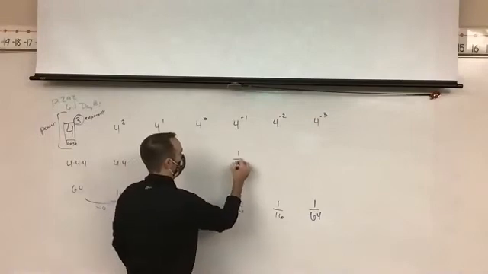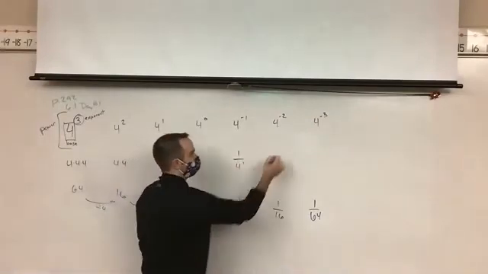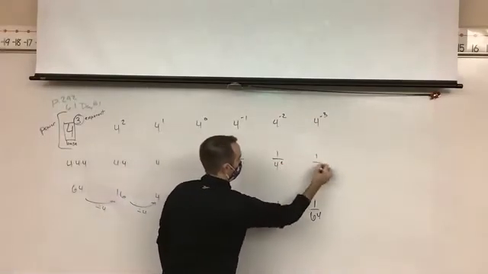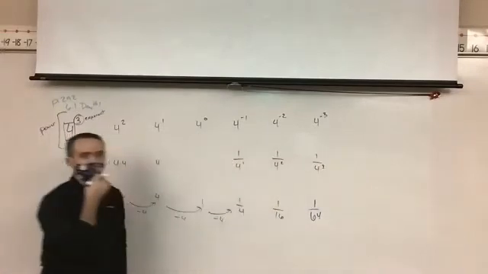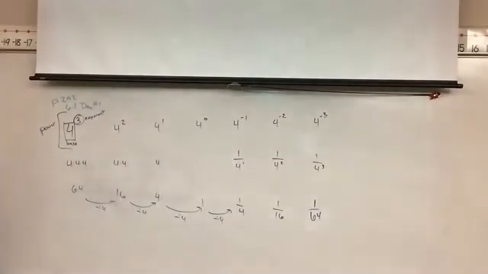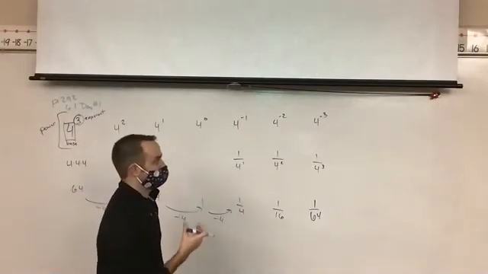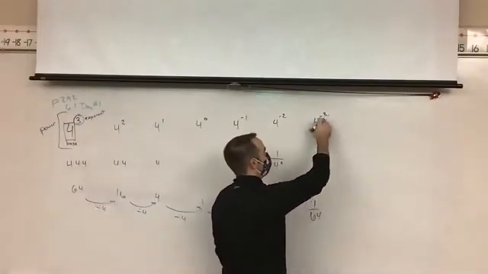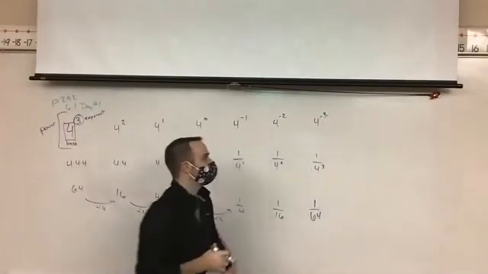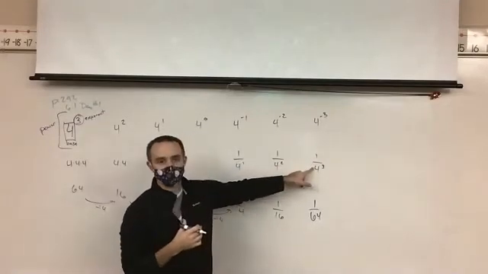This is 1/4 to the first, 1/4 squared, 1/4 to the third. That's a big takeaway from today, because that's something new that we haven't learned before. If we have a negative exponent, we can change it to look like this.